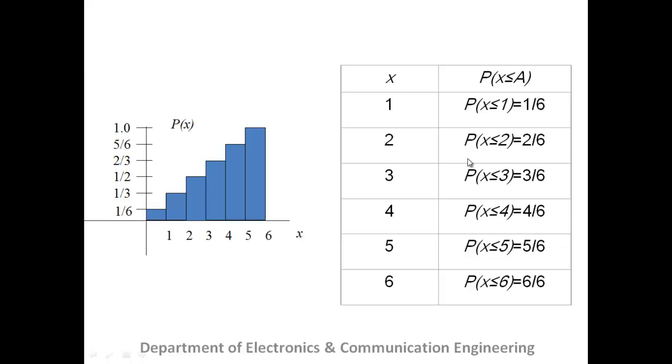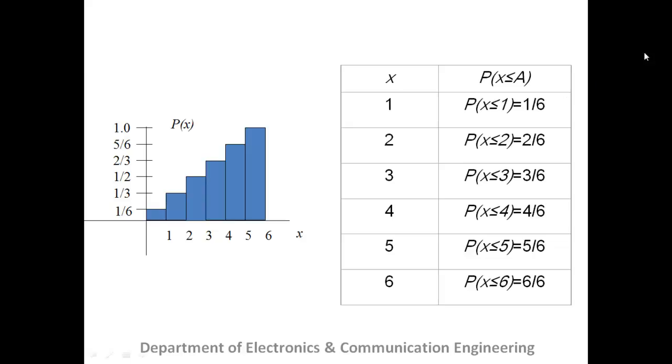Then taking the next example, what is the probability of x less than or equal to 2? This includes basically two probabilities: one attributed to x equal to 2, and one attributed to x equal to 1. These two come under this probability, so naturally it will be the summation of 1 by 6 and 1 by 6, which is 2 by 6, or 1 by 3.